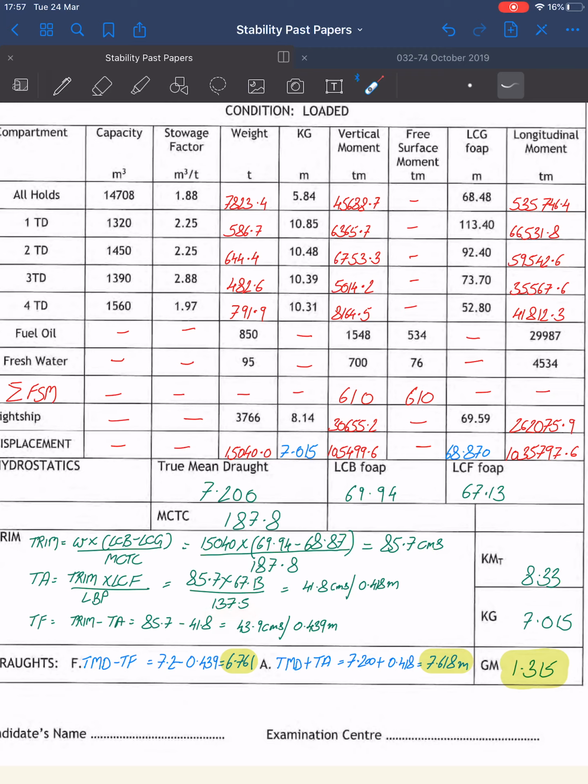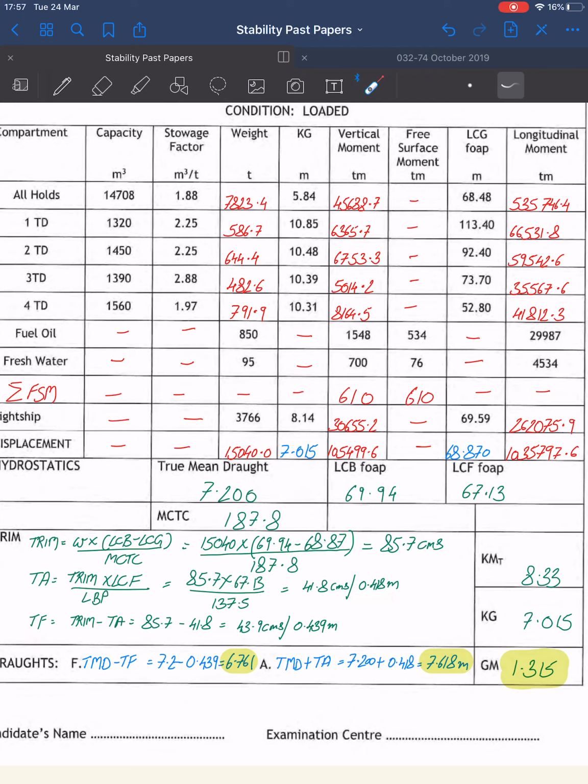This is given in the ship particulars provided in the blue folder, or the stability data provided with the questions or within the examinations. We found that trim aft was 41.8 centimeters, so in meters it would be 0.418.